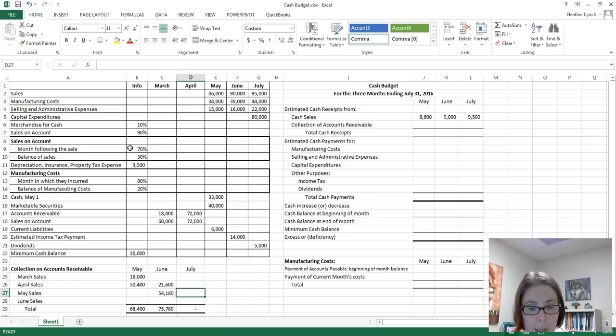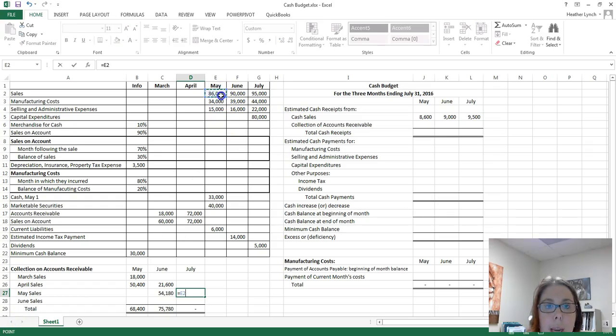So in July, for the 86,000 times the 90% times the balance, we'll collect $23,220.